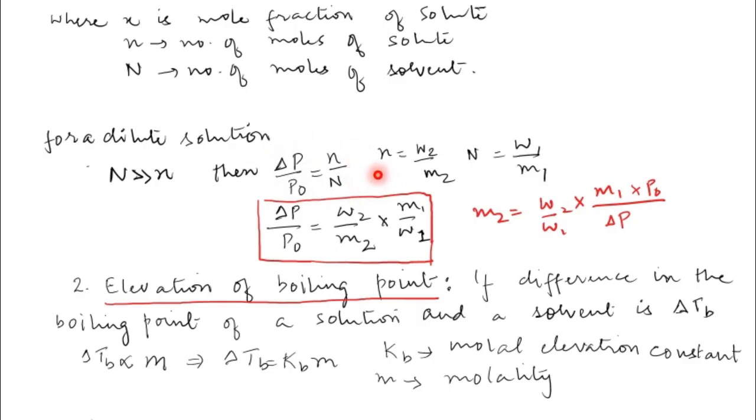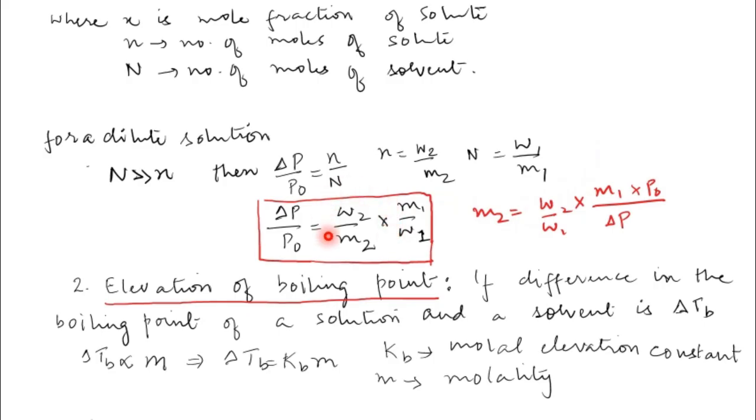Small n, which is the number of moles, can be given as the amount of solute divided by the molar mass of the solute, and capital N can be given as the amount of solvent divided by the molecular mass of the solvent.